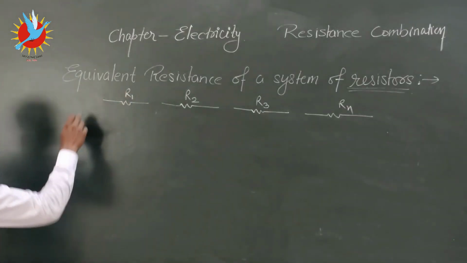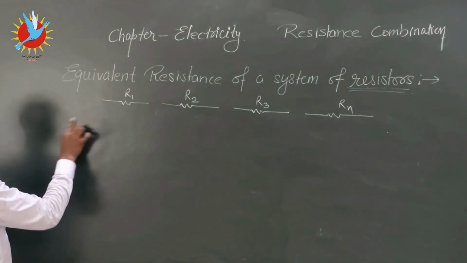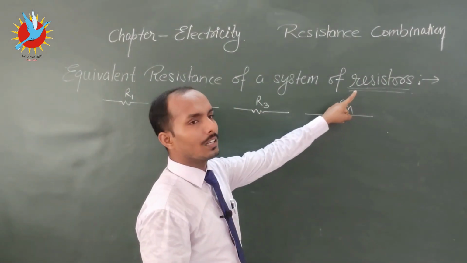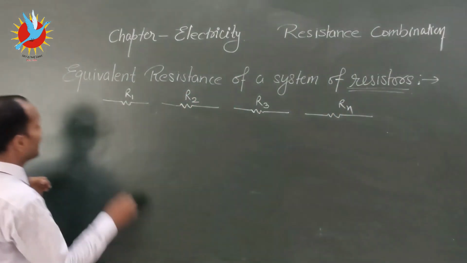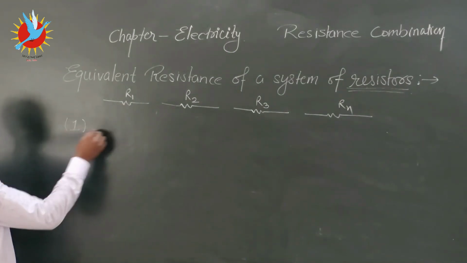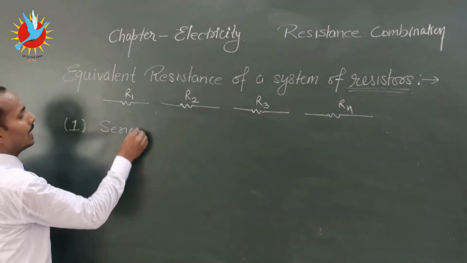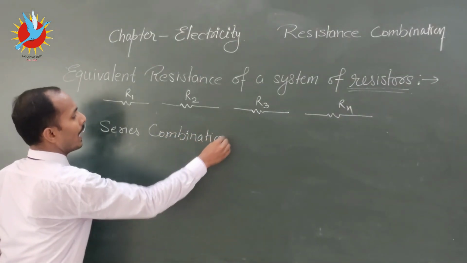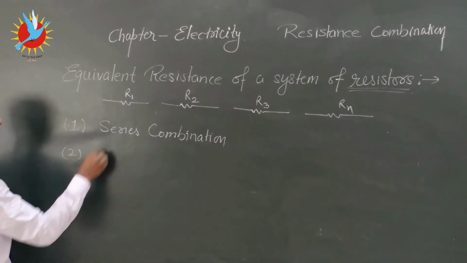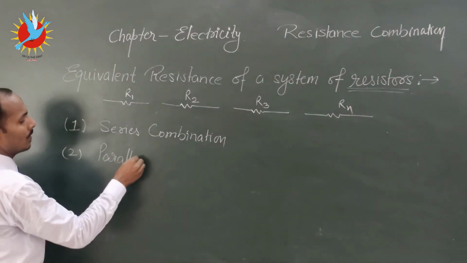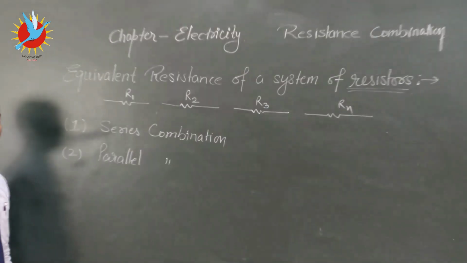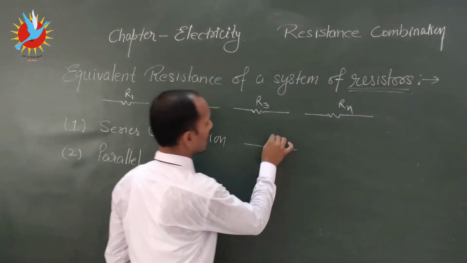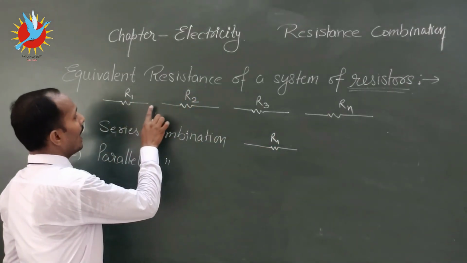So for equivalent resistance, we can combine resistors in two ways: number one is series combination, and number two is parallel combination. In series combination, the resistors are joined end to end.